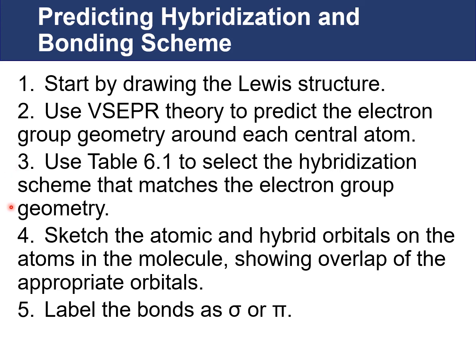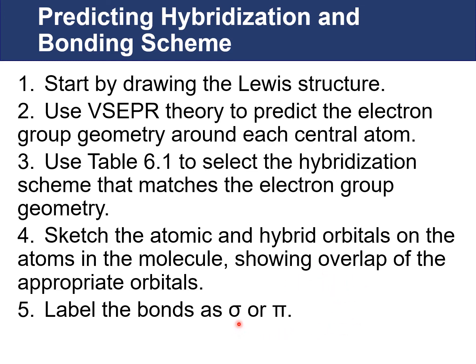Next, when trying to figure out what type of bonds you might have, we could sketch the atomic and hybrid orbitals on the atoms in the molecules, showing the overlap of the orbitals. This will give you the rough bond angles that one would expect from the VSEPR theory. We can then label our bonds as being either sigma or pi, depending on what that part of the sketch looks like.